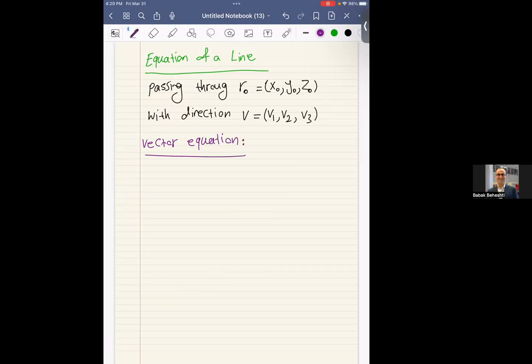We have the vector equation and then we also have the parametric equation, I write them separately. So the vector equation of a line is this, r. So r is a vector. Sometimes to emphasize that an object is a vector, we put an arrow above it. Sometimes I don't, that's not a big deal.